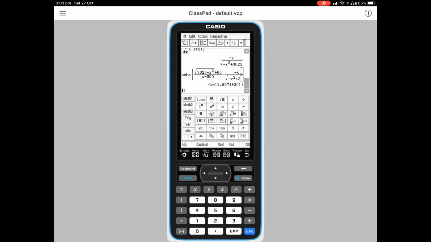Okay, so G of 13, because G is the circle. Actually, we should do G of this whole thing. 118.44.